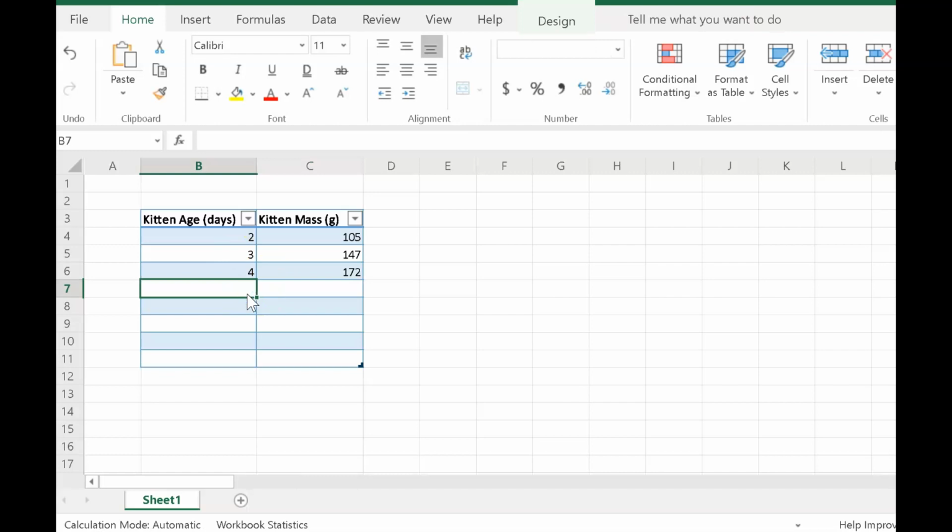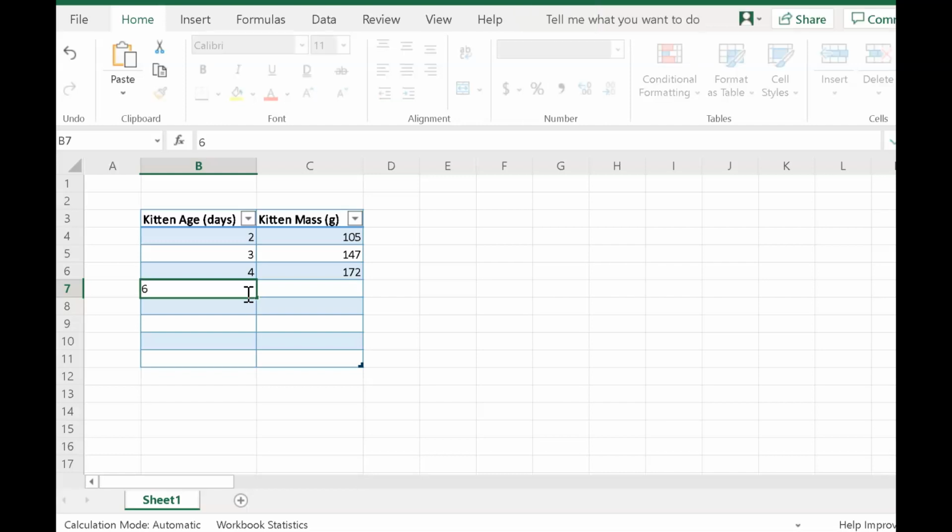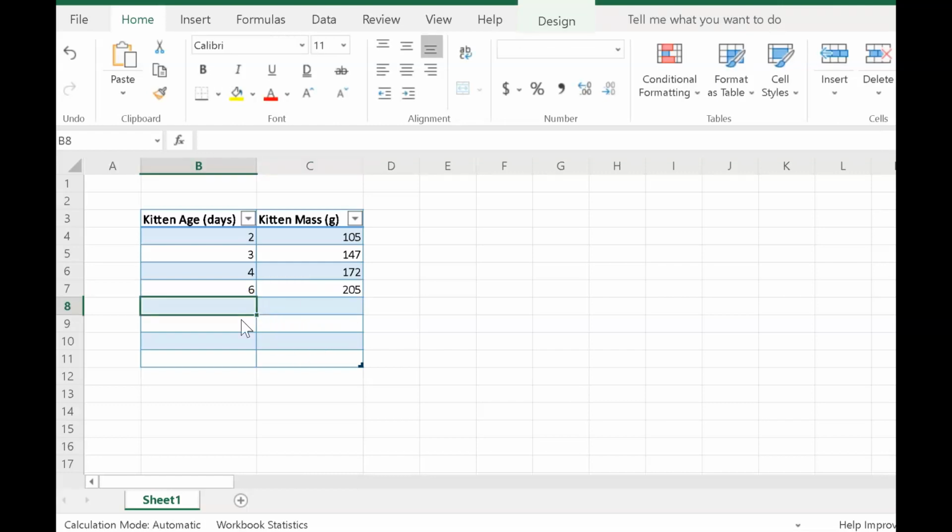So for the next measurement, let me skip some. I'm going to skip the measurement for the 5th day, just so we have different measurements, right? And let's see, 6th day is 105 grams. No, 205, I'm sorry, the kitten is growing. All right, 205 on day 6.